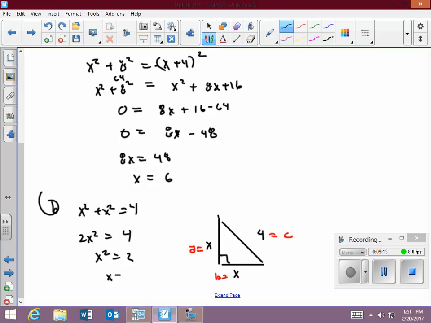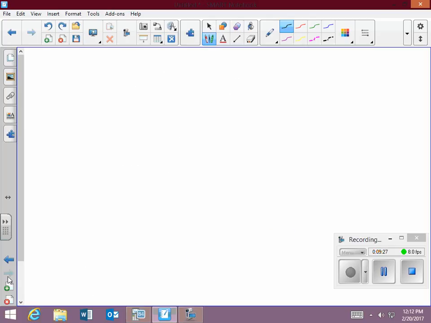And x is plus or minus, but it's positive, the square root of 8. So that would be B, and then the C one is just the application of the same idea.